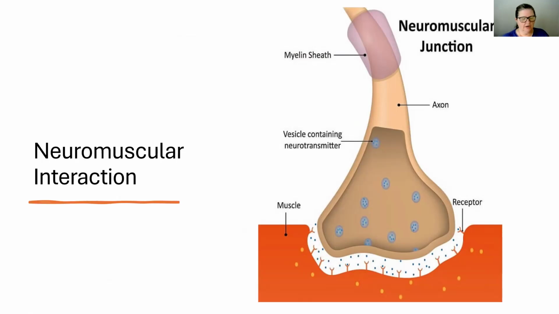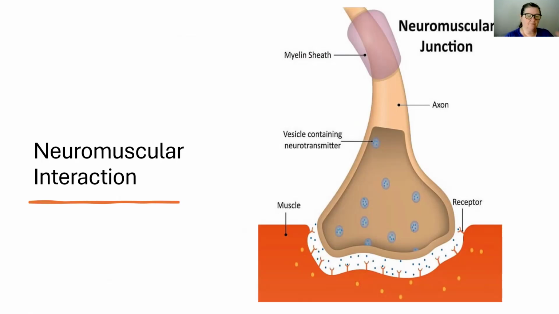Neurotransmitters and receptors are kind of like a lock and key mechanism. If a neurotransmitter is released and it hits a receptor that was not meant for it, nothing happens.